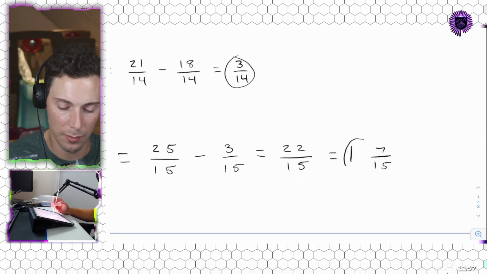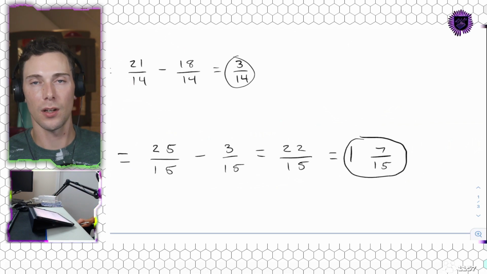And you can't simplify that. 7 and 15 do not have a common factor greater than 1.